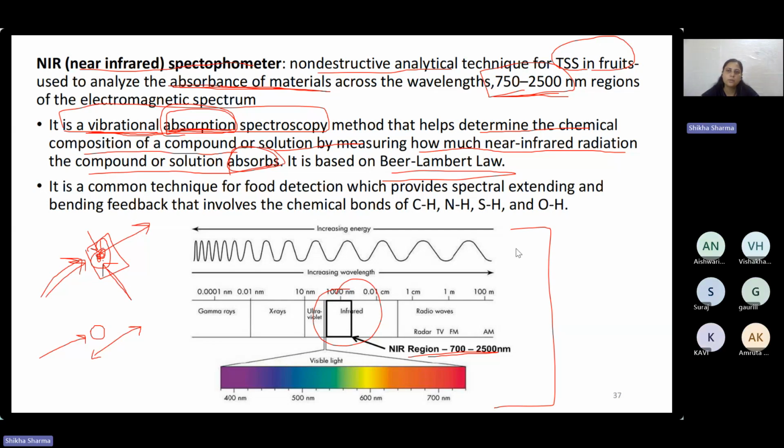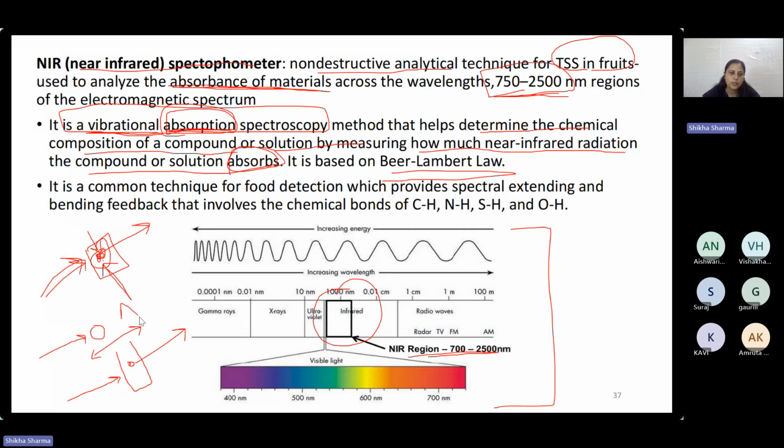What is Beers-Lambert law? So what happens in Beers-Lambert law? If we have the spectrophotometer and some radiation is coming, some radiation is going to be absorbed by the material, and some is transmitted.